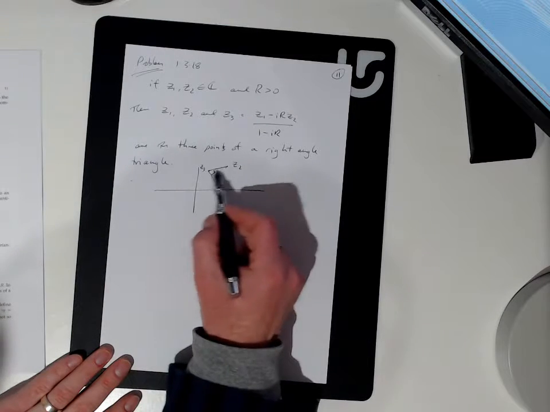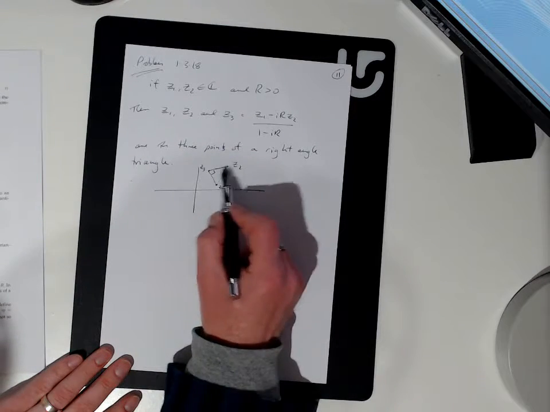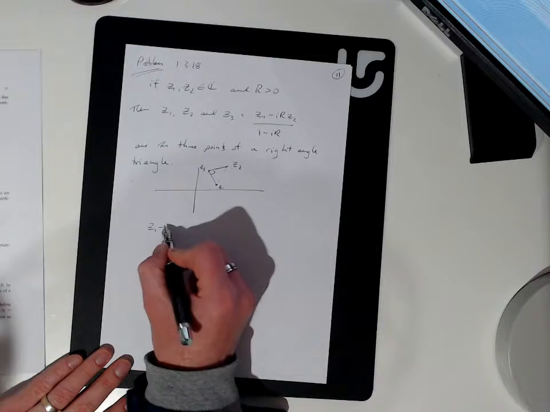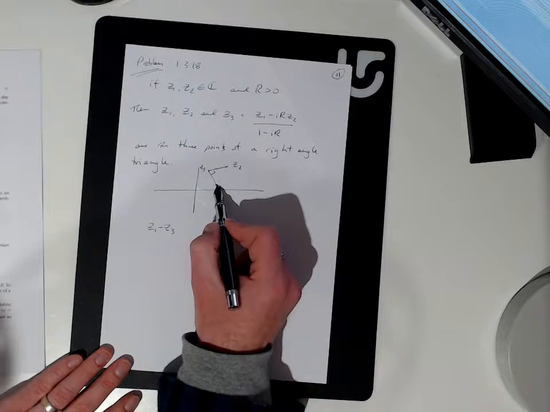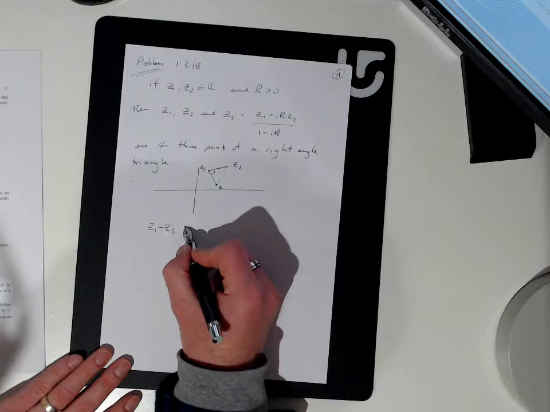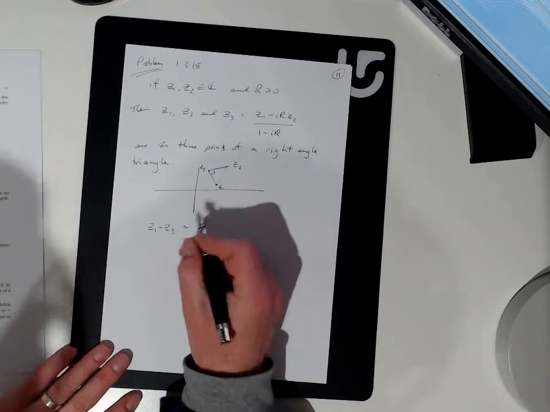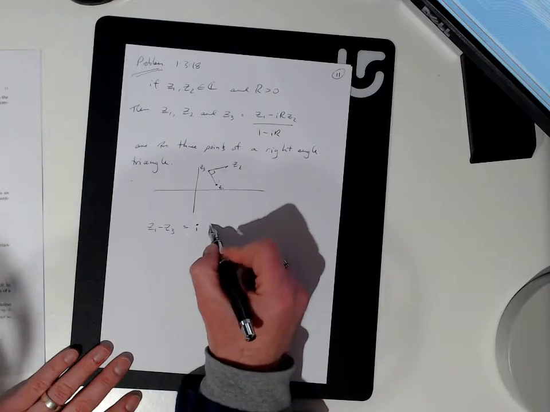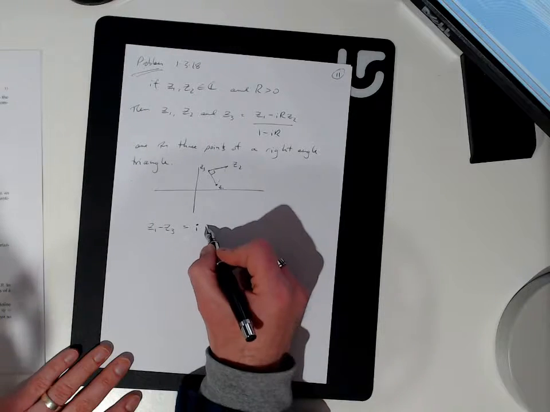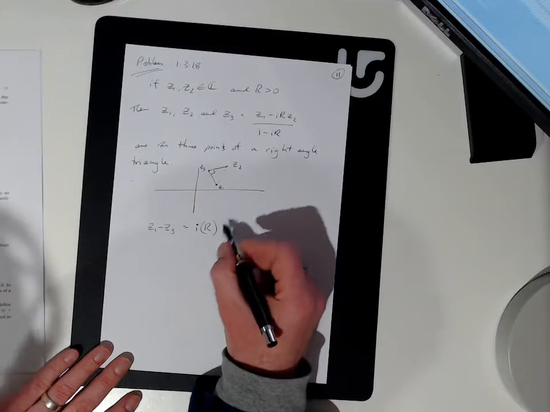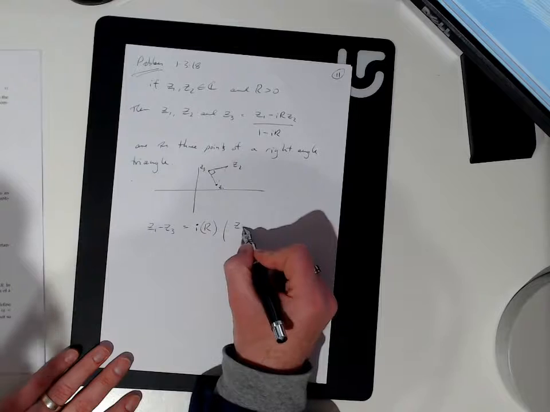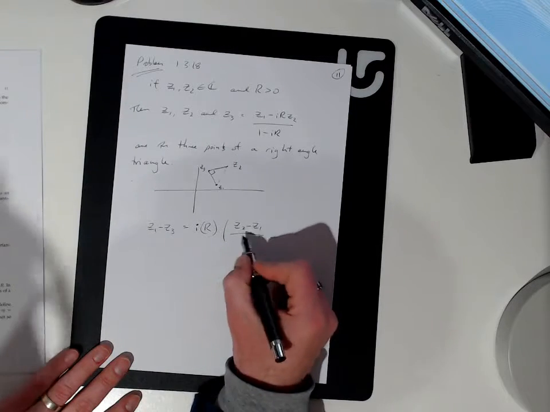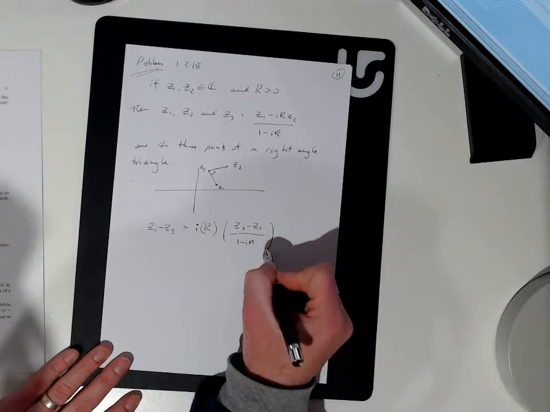So let's work out what this line is, z1 minus z3. Now, I'm going to leave the algebra to you. It turns out that it is i times some number times z2 minus z1 over 1 minus ir.